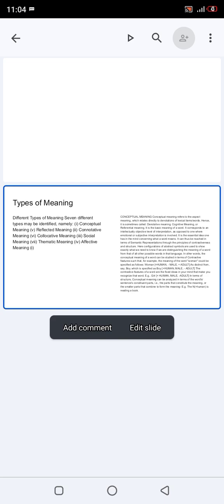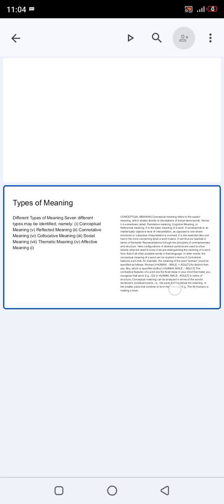In conceptual meaning, it refers to the aspect of meaning which relates directly to the denotation of lexical items, words. Hence, it's sometimes called denotative. Why? Because it relates to the denotations of lexical item words.